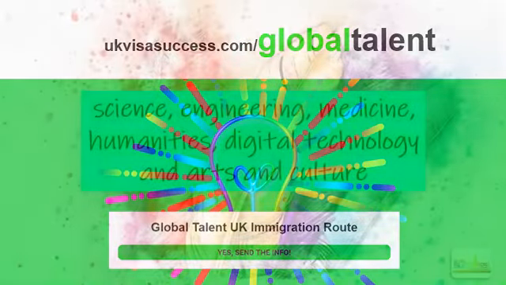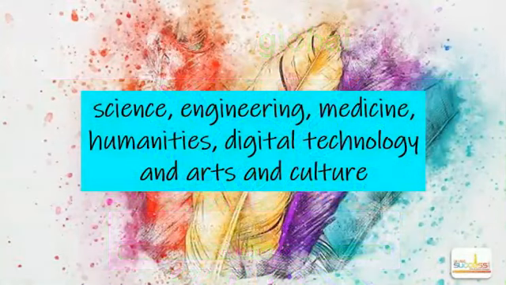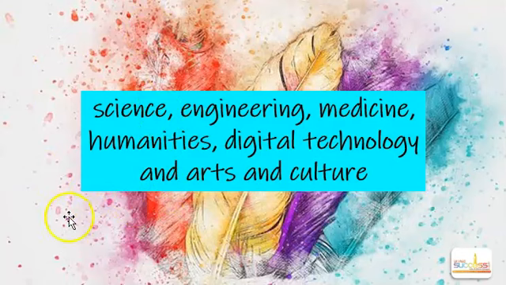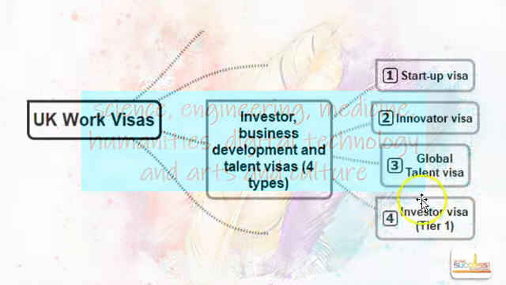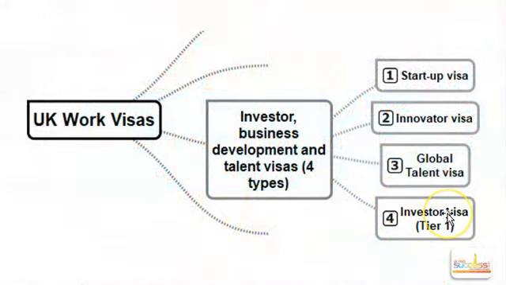This particular route leads to settlement, and again, there is no limit on how many times you can apply under this route. And the final one, we have a points-based system application here, and this is called the Tier 1 Investor Visa.